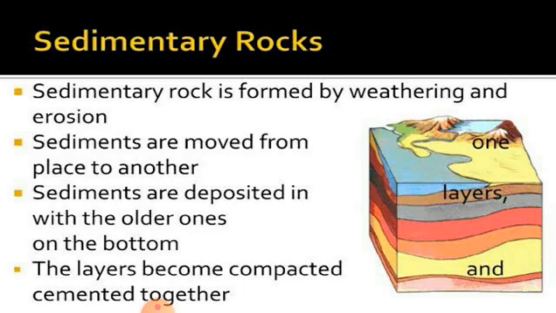These smaller particles are called sediments. These sediments are transported and deposited by wind, water and so on. These loose sediments are compressed and hardened to form layers of rocks.